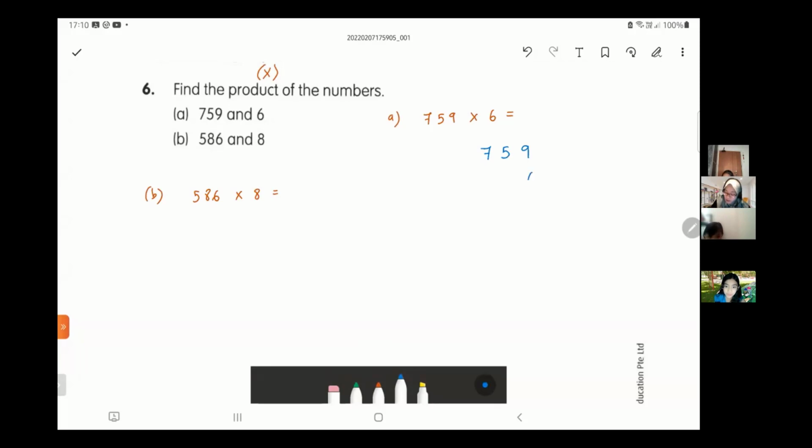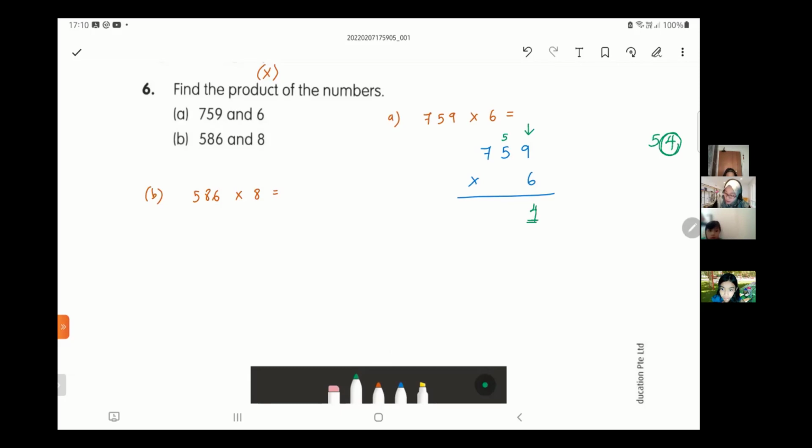759 times 6. Look at the number in the ones place first. 9 times 6 equals to, you need to know your times table very well, okay? So 9 times 6 will be 54. Then carry up. So 54 is 5, 4, right? The 4, the ones go down here.